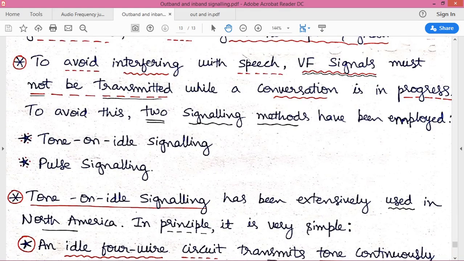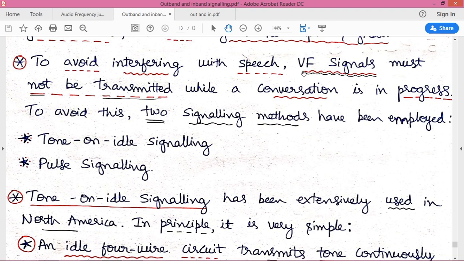In order to avoid our control signal interfering with the speech signal, generally voice frequency signals must not be transmitted. Voice frequency signals here are nothing but the control signal or tone signal.